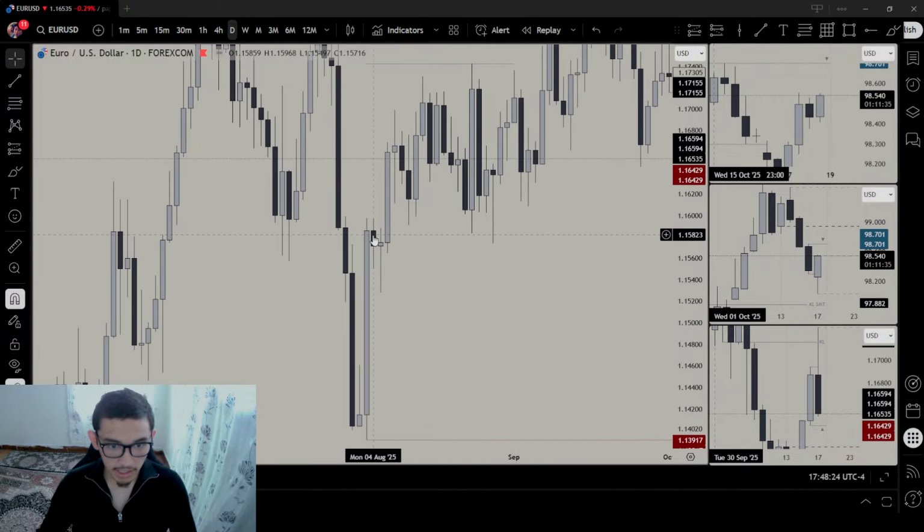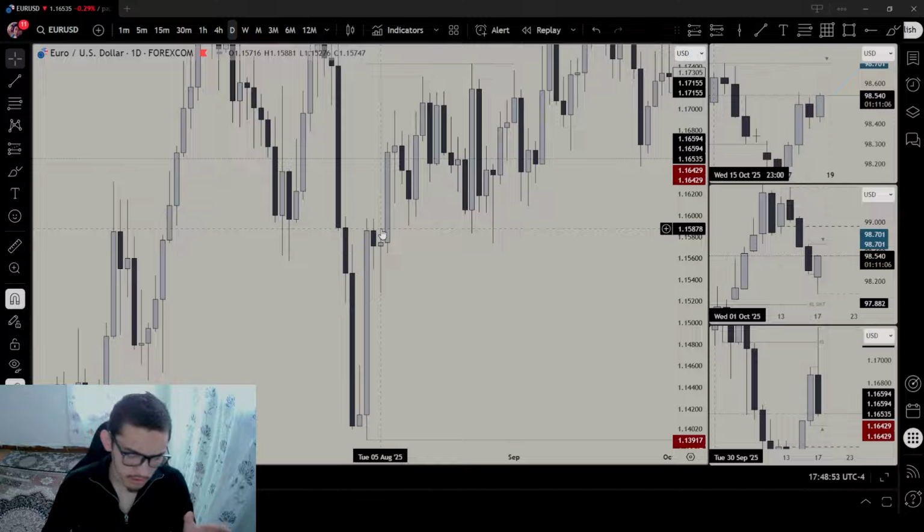Now another example right here, right? It tapped it and reversed, or you can see this scanner over here also tapped it, or SMT with it, and eventually reversed. But you see, since they never get left out, they will get refilled. SMT is a thing that will make it get left out, but you gotta keep in mind the CRT.